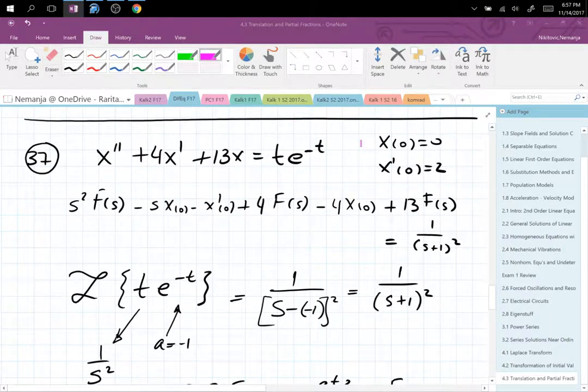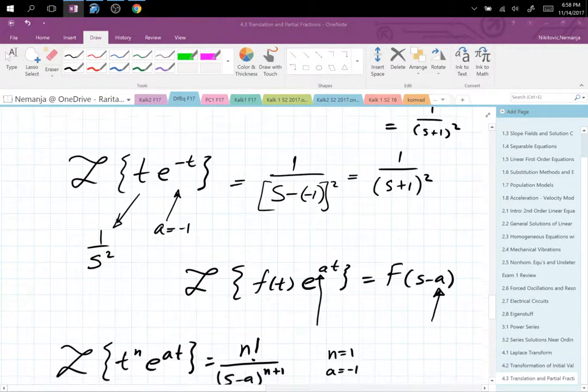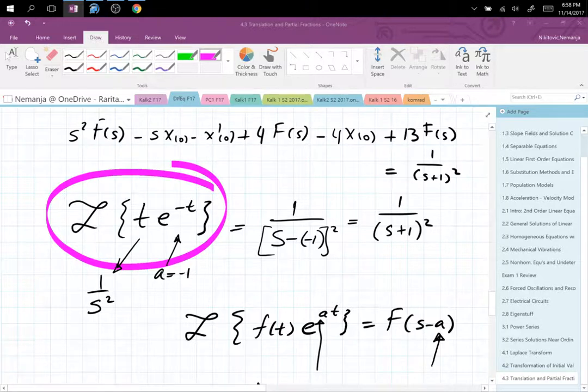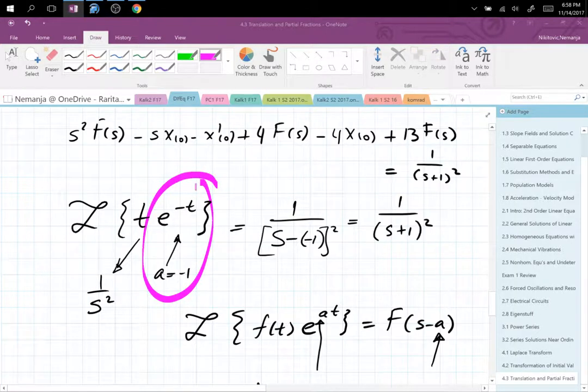But you know this formula, and that is what I worked out here, so you can see that transformation. So we are supposed to Laplace transform t to the first power e to the negative t. What I'm picking up from there is that the transformation of t is 1 over s squared, which is on every chart that's provided. And we also pick up that a is negative 1.